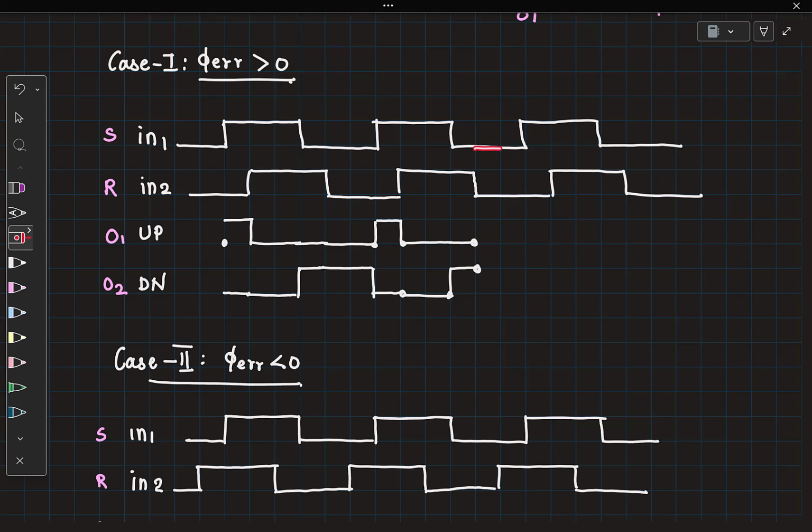Then both of them are in the 0, 0 state. 0, 0 state corresponds to hold, so we keep holding the value till this point. And then you have set going high, reset becoming 0. So your up is set and down comes low. And this pattern will now continue.